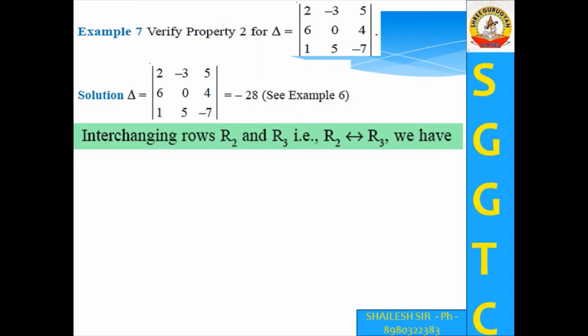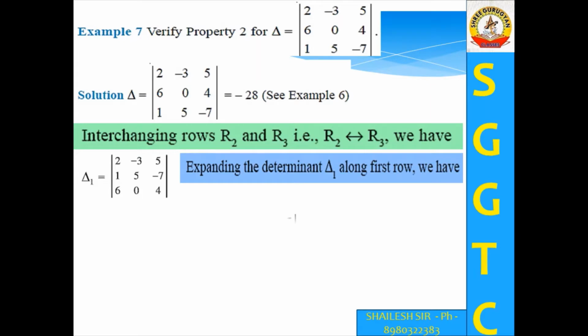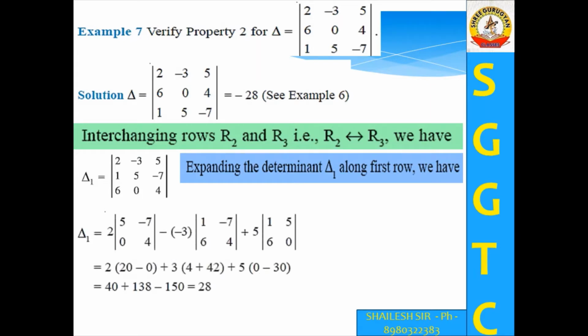Now I operate on any two rows or any two columns. So interchanging R2 and R3. I again repeat, students: any rows you interchange, surely your answer is the additive inverse. It means if the original answer is minus 28, my new answer is plus 28. Here I operate by interchanging the second row and third row. So you get this: your second row and third row interchanged.